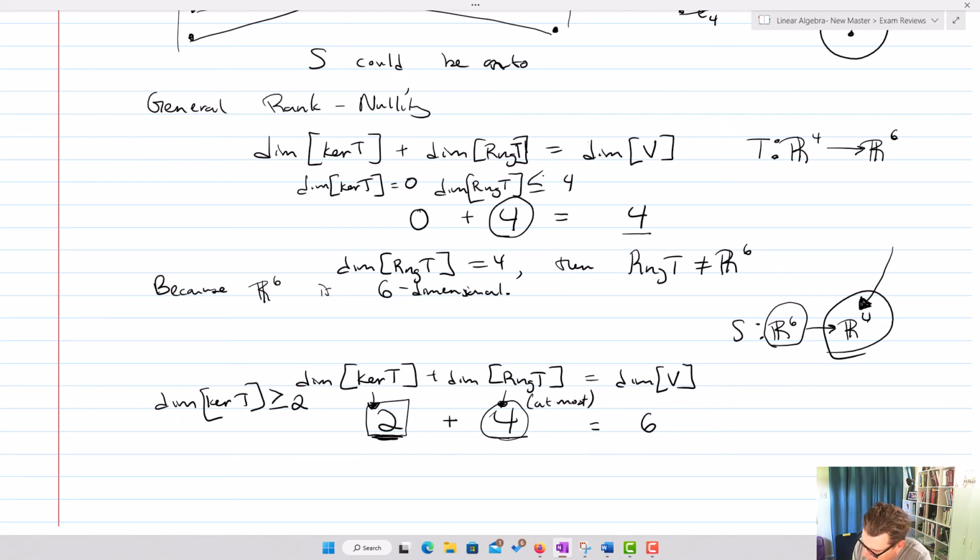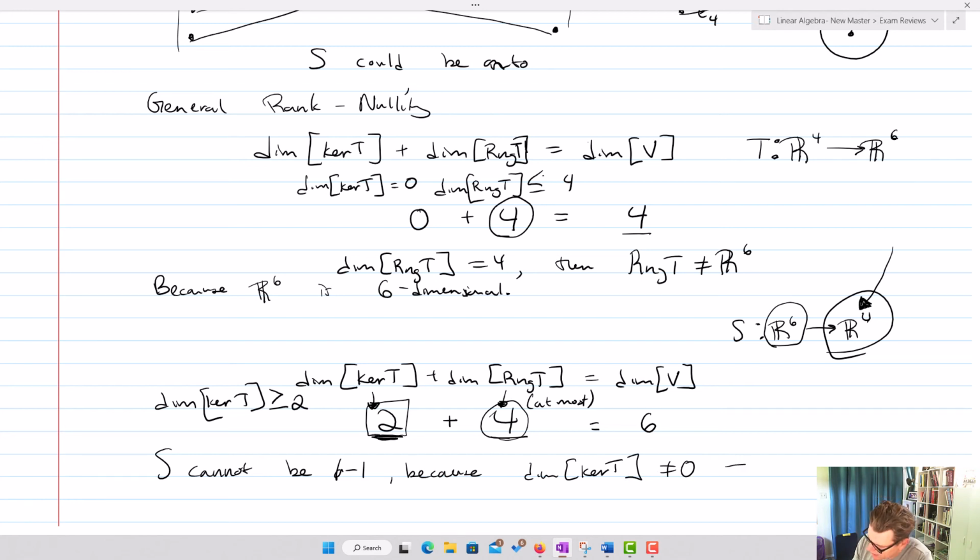And this is also one of the reasons why S cannot be 1-to-1. That's because the dimension of the kernel of T cannot equal 0, right?